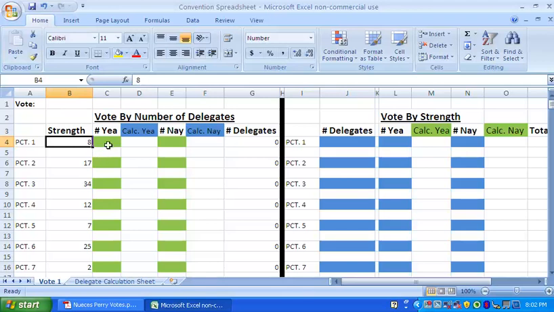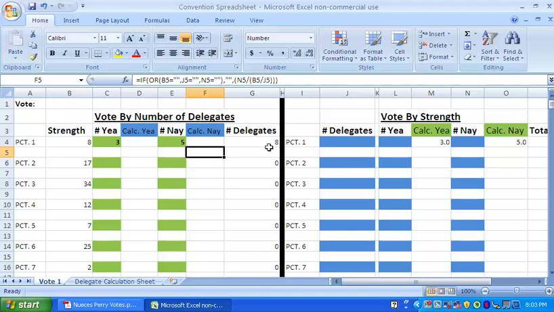So let's say that they have an issue and the convention chairman asks each individual precinct chair to calculate the total number of yeas and nays in their precinct. And let's say in this scenario, Precinct 1 comes back and says that there were 3 yeas and 5 nays.